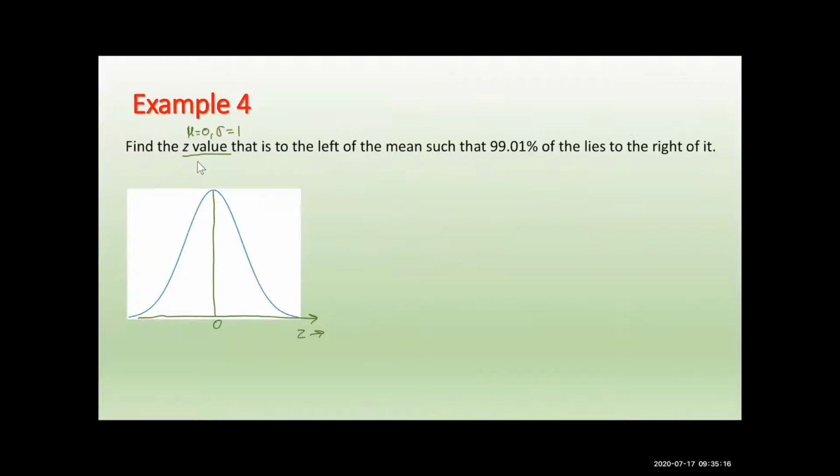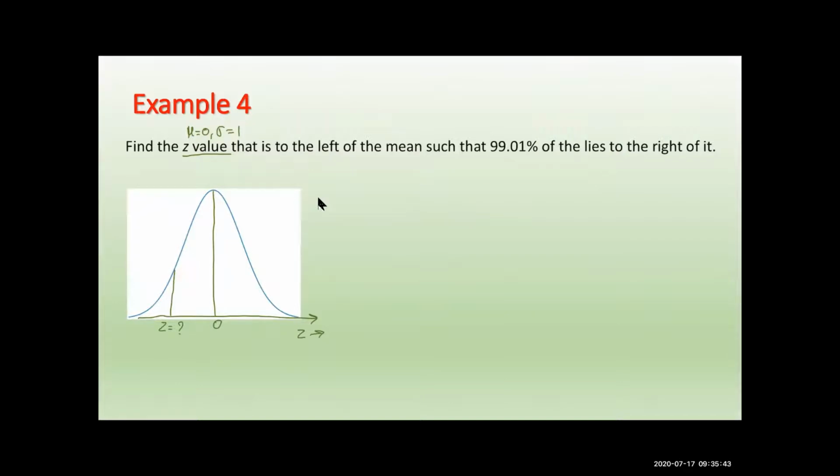The question is, we have to find the z value that is to the left of the mean. To the left of the mean, we want the z score. So we want this z value. What is this z equal to? We need to find out how much is this z such that 99.01% of the area lies to the right. To the right of this z, we have 99.01% area.